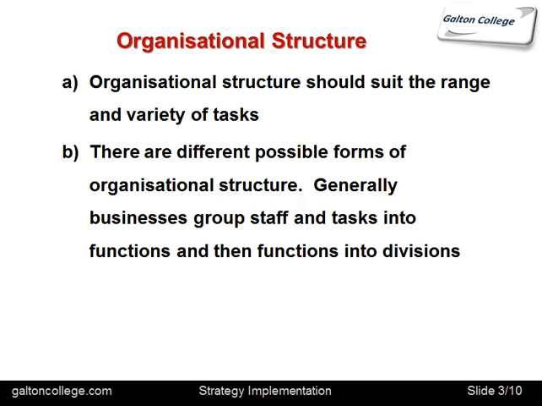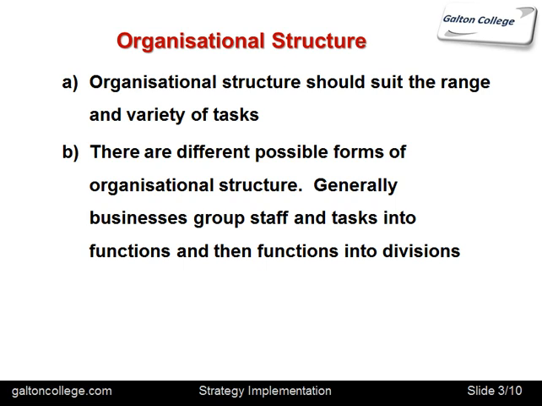There are different possible forms of organizational structure. Generally, businesses group staff and tasks into functions and then functions into divisions. Well, as I said earlier, it depends critically on the size of the output, the number of units of output required, or the complexity of the units being required.